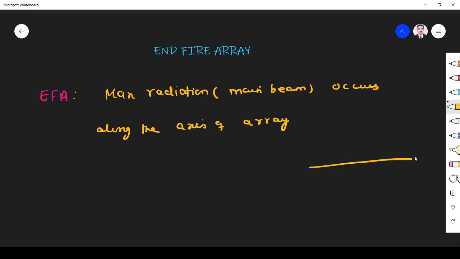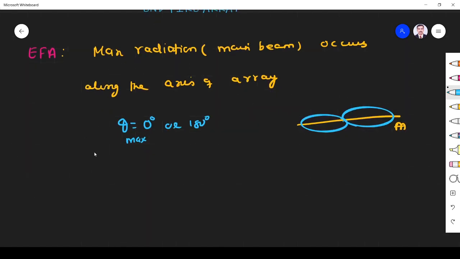So the maximum radiation occurs along the axis of the array like this. So the theta value is 0 degree or 180 degree. So the maximum radiation occurs at theta equal to 0 or 180, right? And similarly, we know that for maximum radiation to occur, psi is equal to 0.